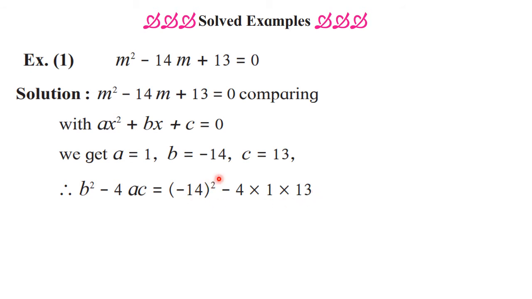So 14 square is 196. And 13 into 4 is 52. So 196 minus 52 gives us 144. So we got the value of b square minus 4ac. Only find the value and stop.